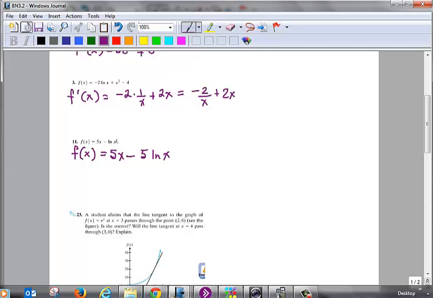Whenever you have an exponent as the argument of a log function, that exponent can be written in front. So the derivative of this will be the derivative of 5x, which is 5, minus, and again, I'll drag this coefficient of 5 along, so 5 multiplied by the derivative of natural log x, which is 1 over x. So this is just 5 minus 5 over x.